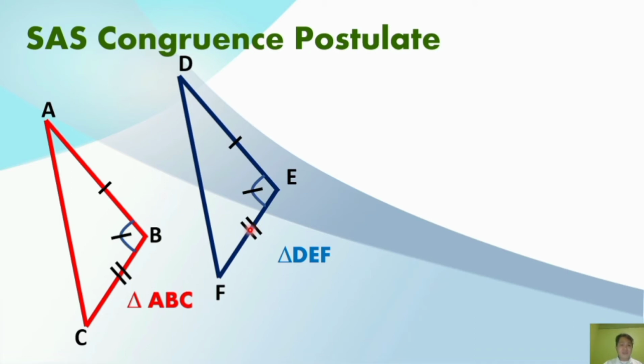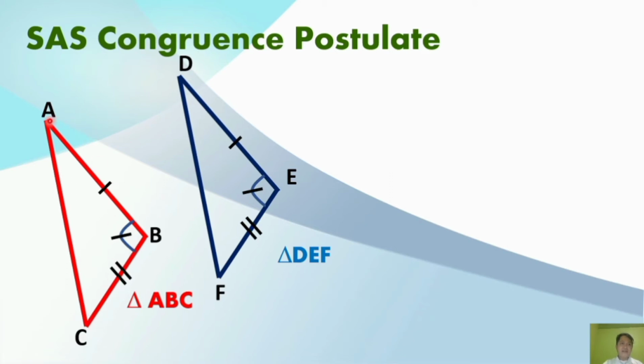And what are those parts? Can you observe which parts have tick marks between triangle ABC and triangle DEF? Yes, you are correct. This side here, this angle here, and this side here.